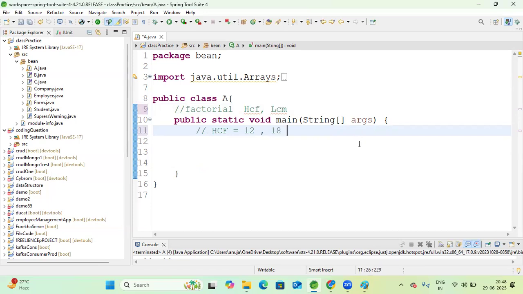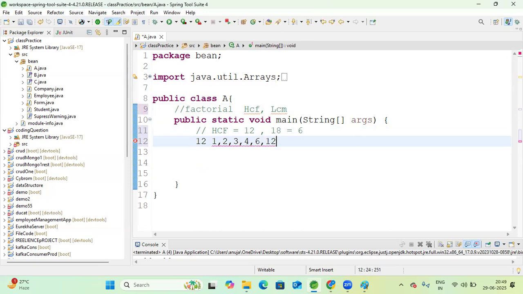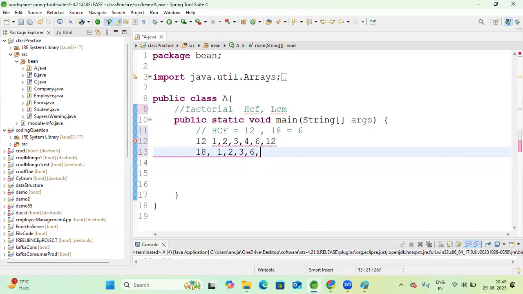So the highest common factor between both is 6.